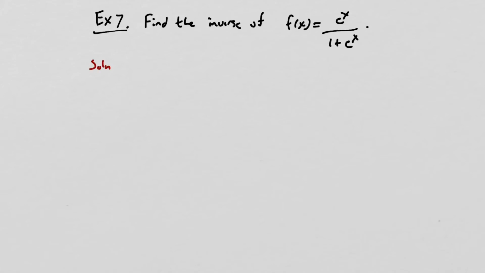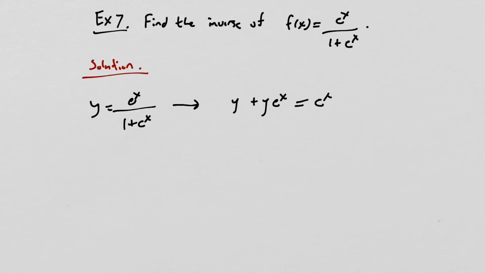Rewriting our function real fast, we're going to get that y is equal to e to the x divided by 1 plus e to the x. Multiplying both sides by 1 plus e to the x, we'll get y plus y e to the x is equal to e to the x. Let's go ahead and subtract y e to the x from both sides.